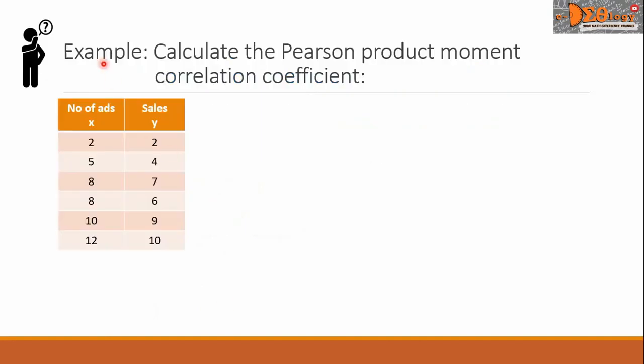Let us see this example. Calculate the Pearson product moment correlation coefficient. Given is the table below. The first column is the variable x representing the number of ads. The second column represents the variable y, which is the sales.